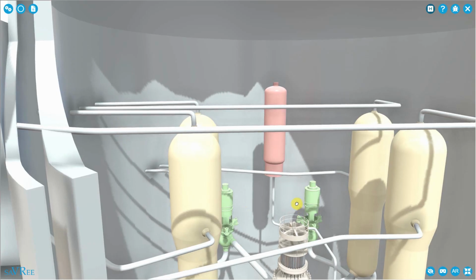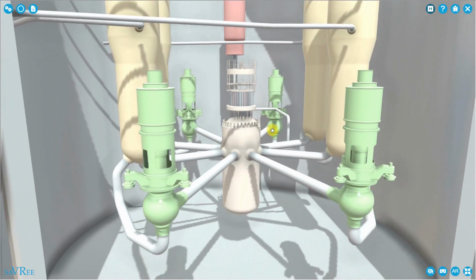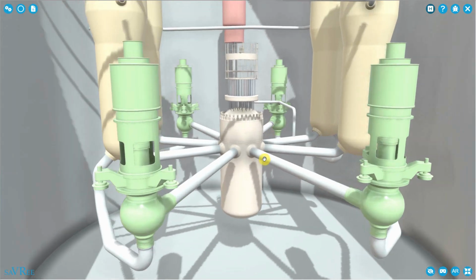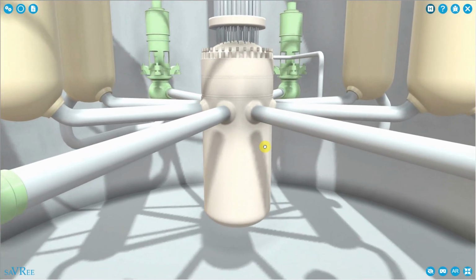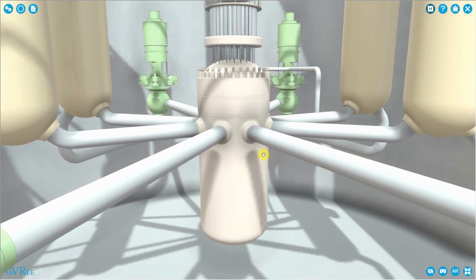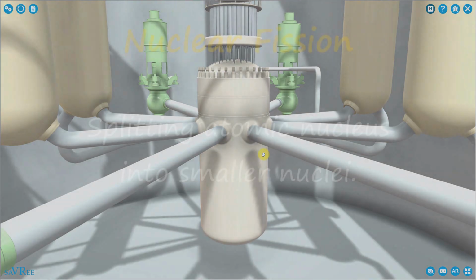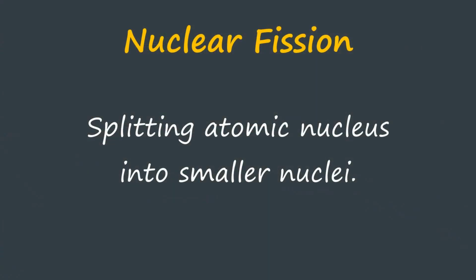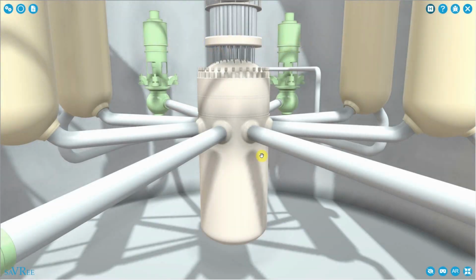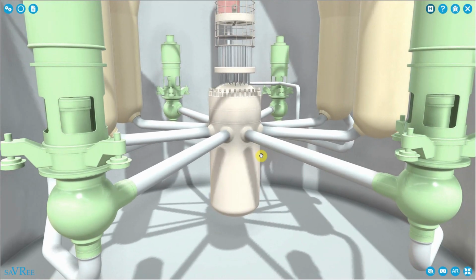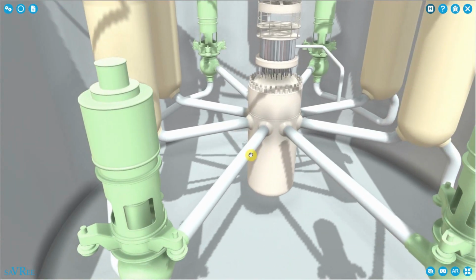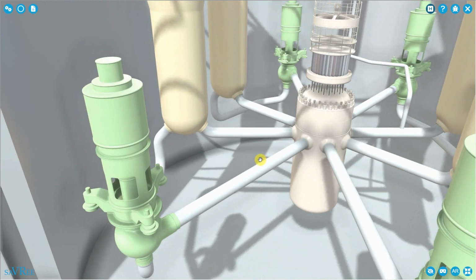Let's have a quick look through the process now that we know the name of the parts. We've got the nuclear reactor, within which we have a core where our nuclear reaction takes place. It's a fission reaction, which means atoms are split. The opposite of this would be a fusion reaction where atoms are combined. This reaction generates heat. We have a primary coolant that's circulated through our reactor and our steam generators.